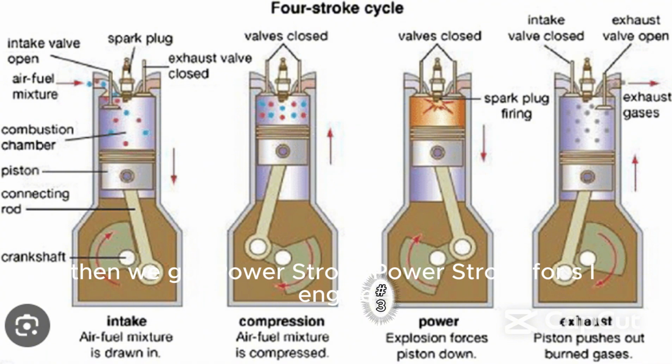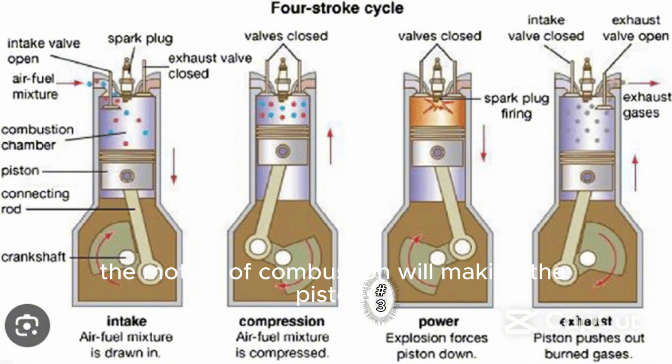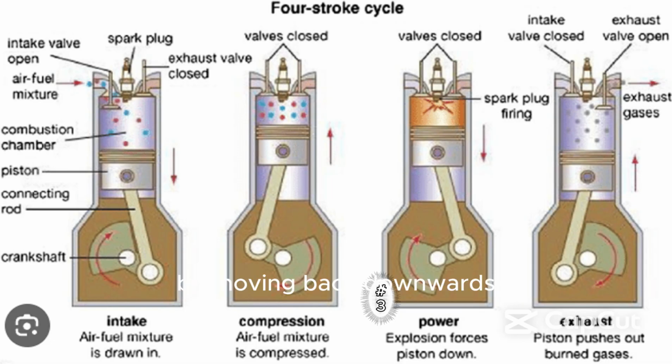Then we have the power stroke. In the power stroke for the SI engine, an ignition will start by a spark plug connected with the hot air at a high temperature in the cylinder, which will then cause a combustion. The motion of the combustion will make the piston move back downwards.